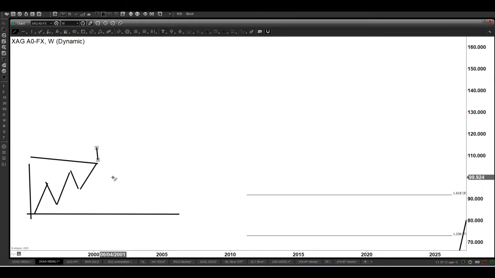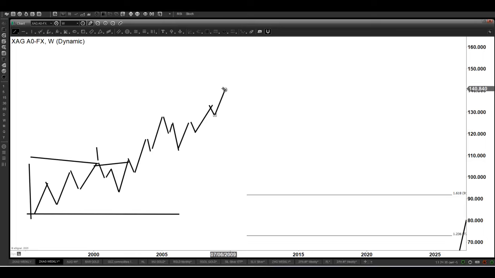Now, after this correction, the market does this, and it does another 5, creating the bullish sequence. Here, it does a wave 4 and a 5, and it makes another 5.